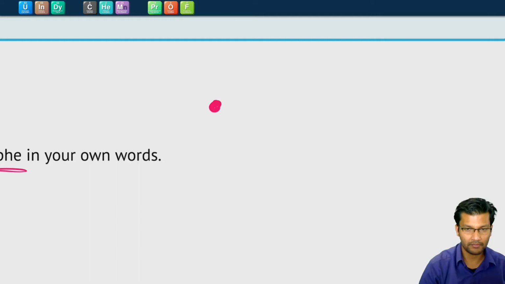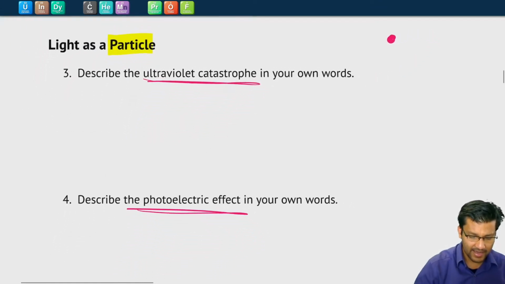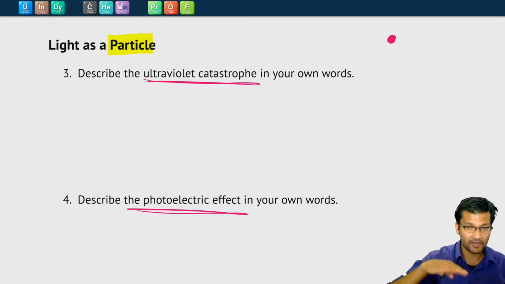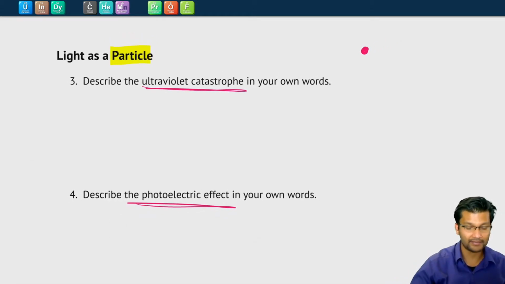When we call matter particles, we use this word particle. Often when you imagine atoms, you might be imagining tiny little balls zipping around or connecting in various ways. That's what we mean by particle, and that's the behavior of a particle, what we're going to use to model light in this video.